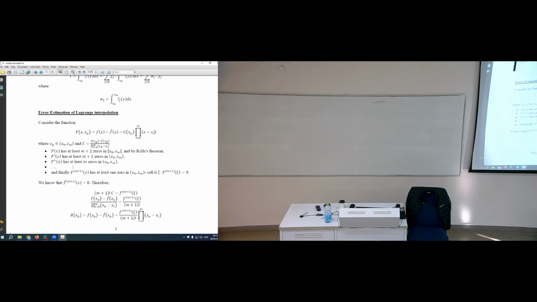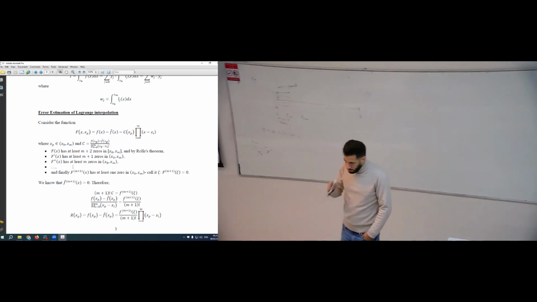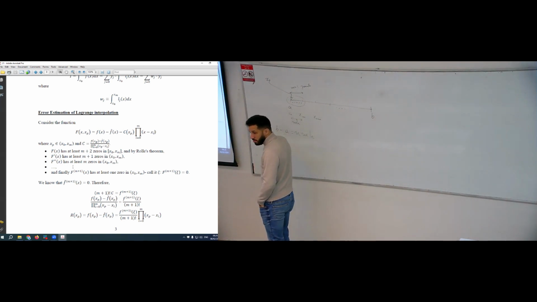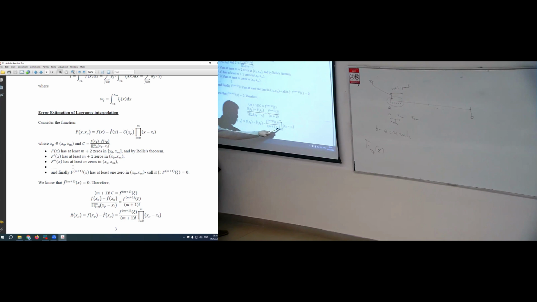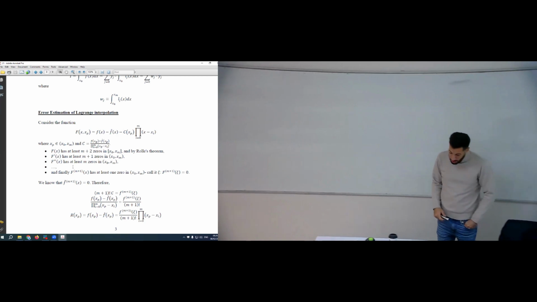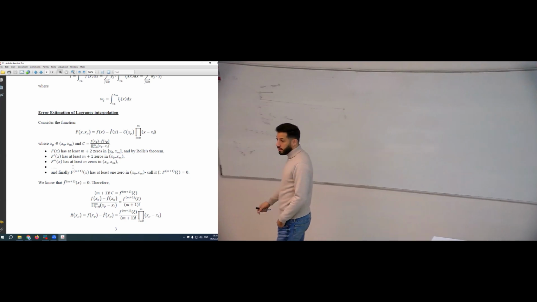And I did this for any point xp. Of course, at the points themselves, the error is 0, because we interpolated the function there. But at any xp which is not one of these points, but an intermediate point, that's my way of writing down the error of my interpolation or estimation or approximation. Why does this have m plus 1 factors?